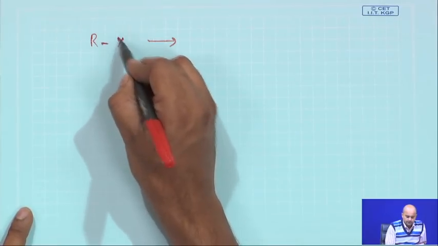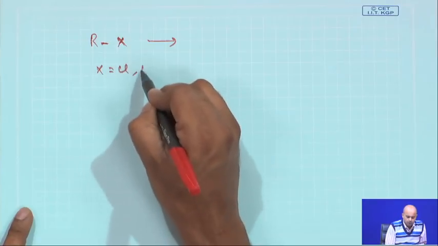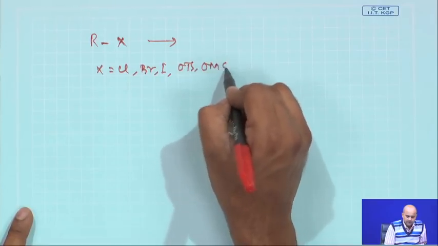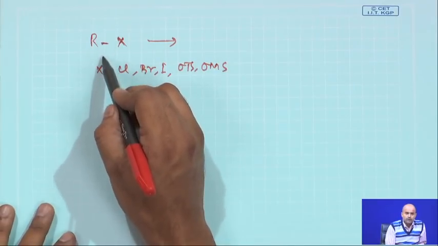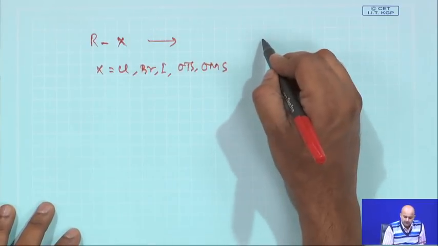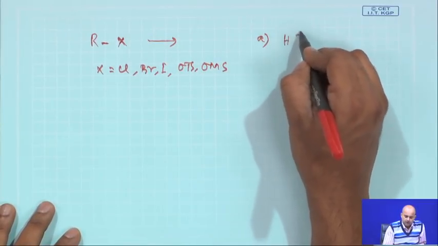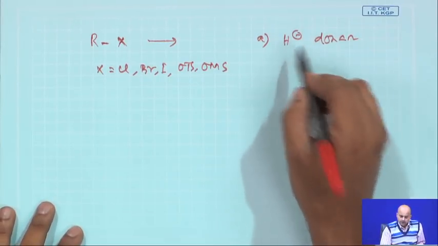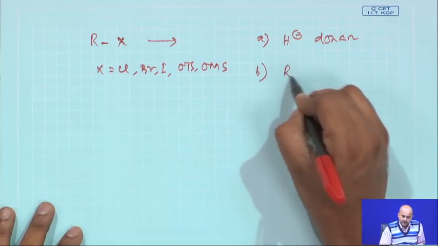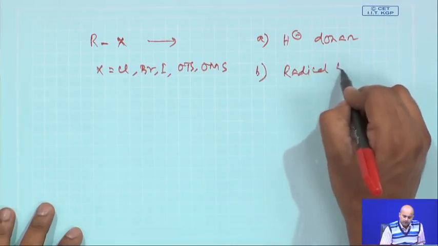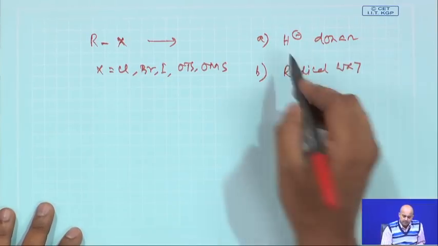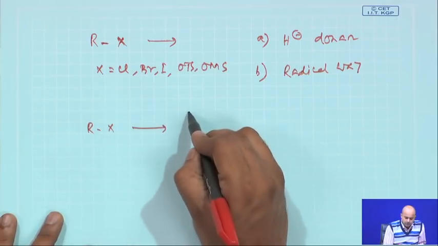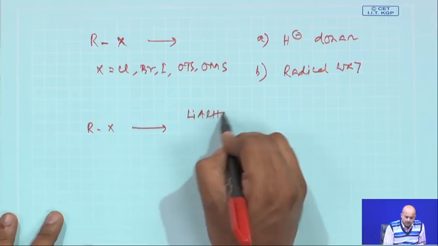The other functional group transformation which we just now said is basically an extension of these things. If you have an RX, X could be anything: chloro, bromo, iodo, tosylate, mesylate. In this case also, this carbon heteroatom bond cleavage you can do in different ways. You can use a hydride donor which acts as a nucleophile, and you can also cleave it by the radical way, which we just explained with Bu3SnH and AIBN. If you need the hydride donor, you take the corresponding RX and react with hydride donors like lithium aluminum hydride, a strong hydride donor.